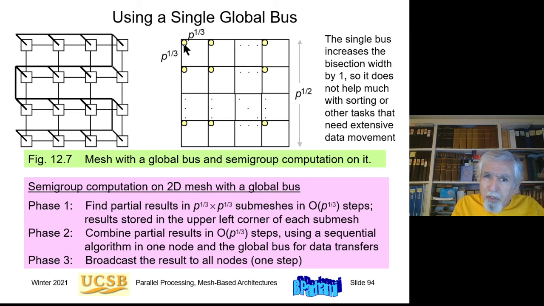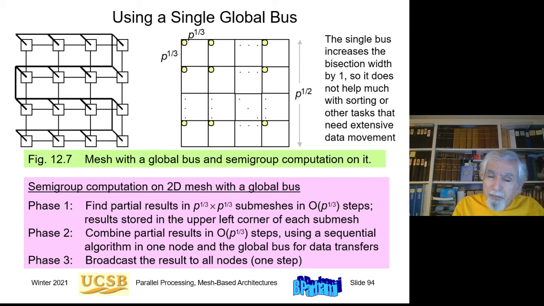Basically, each of these processors sends its value, let's say, to this corner processor. This one sends, then this one sends, and so on. And then that one computes the final result and then broadcasts it to all the processors. So order p to the 1/3 time for these partial results, order p to the 1/3 time to combine them, and then just one step for broadcasting. Okay, so that single bus helps.